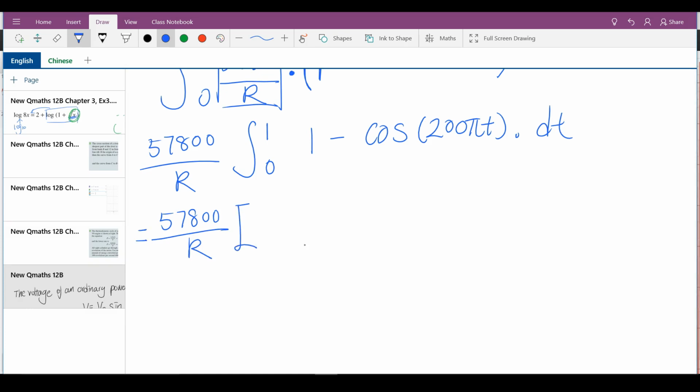Integrating 1 with respect to t gives us t. And then minus, integrating cos gives us sine, not negative, just pure positive sine, of 200 pi t. Now the bracket inside doesn't change, but we have to divide by the derivative of the bracket, which will be 200 pi.